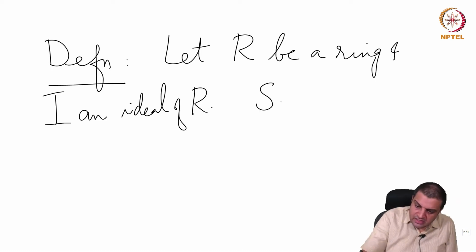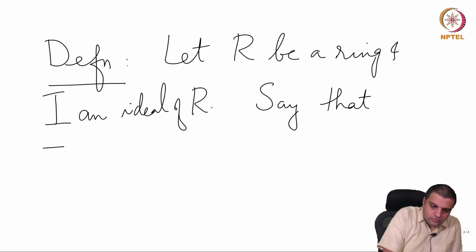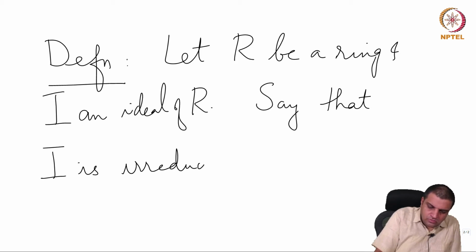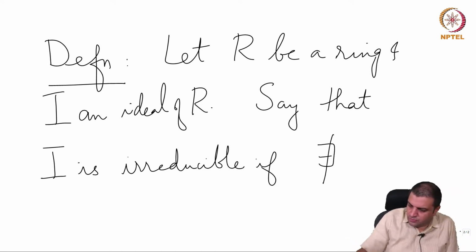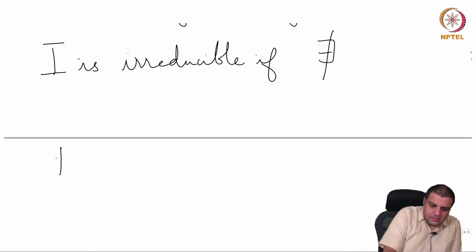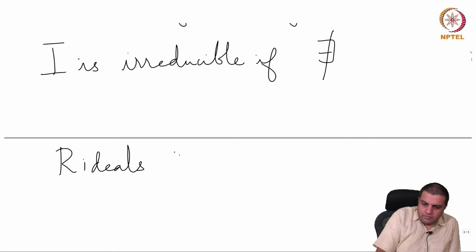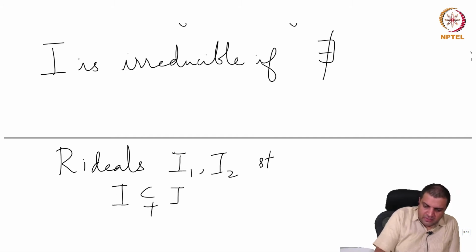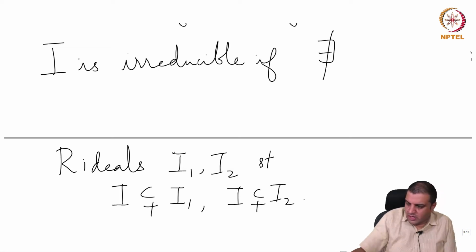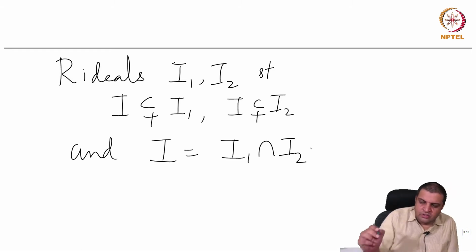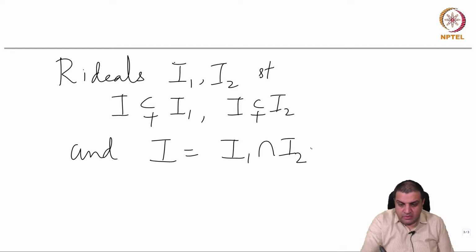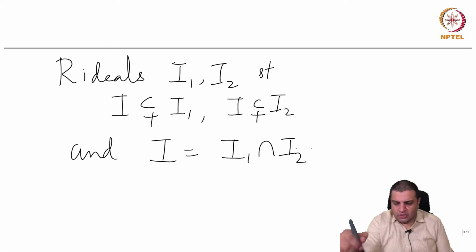Say that I is irreducible if there do not exist ideals I1 and I2 such that I is a proper subset of I1, I is a proper subset of I2, and I is the intersection of these two. So this is a non-trivial intersection.